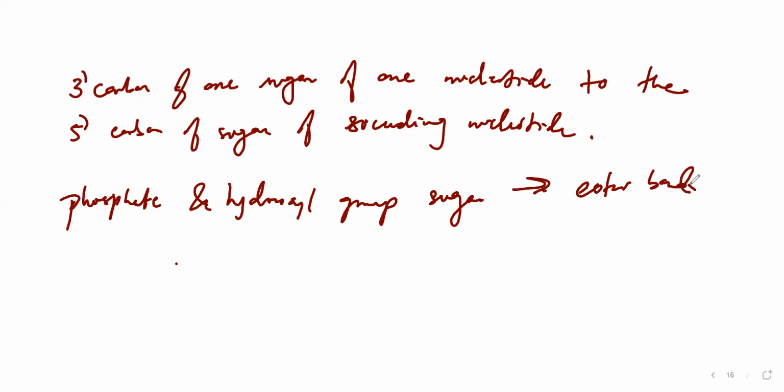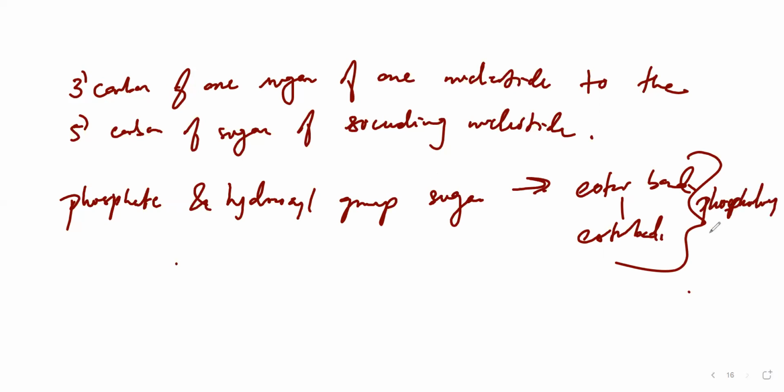So when there are ester bonds on two sides, then the name as it suggests, phosphodiester. So this is how the three types of bonds are formed. That is peptide, glycosidic and phosphodiester bonds.